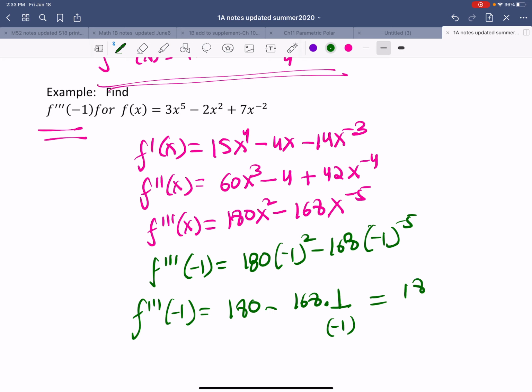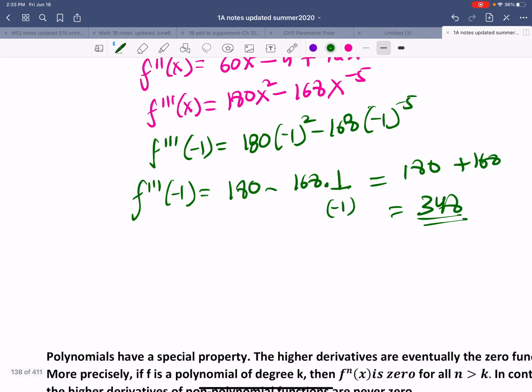So that turns out to be 180 plus 168, which is 348. And that's going to be our rate of change at the point negative 1 for this given function. That's the slope of the tangent line. And that's also the limit at that point.